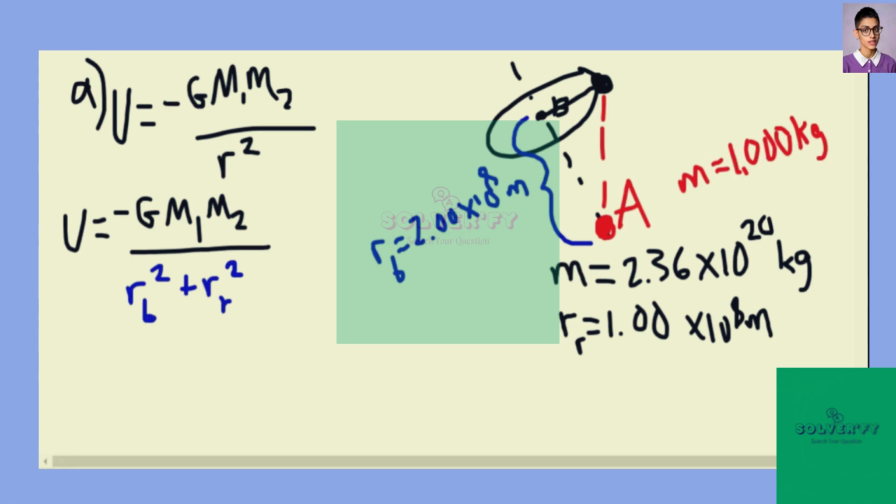Negative G, and then the two masses, but the denominator is 1.00 times 10 to the 8th power squared plus 2.00 times 10 to the 8th power squared.